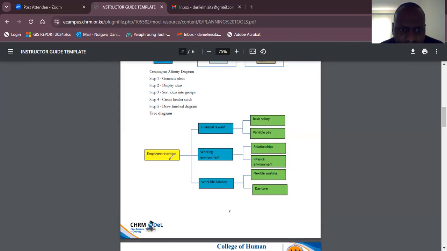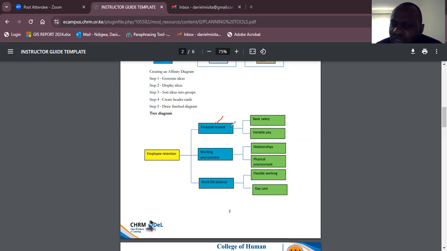So the problem here is employee retention. They've realized that most of the time employees are leaving the organization. Therefore, what could be the reason as to why they want to retain employees? So the first one is the financial reward. The only way they can maintain or retain employees is by having what is called financial reward.